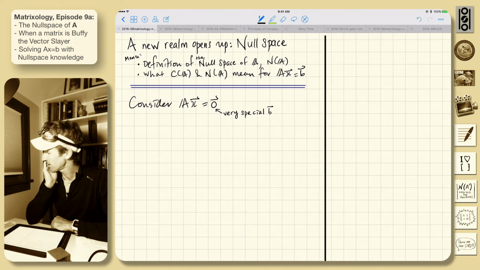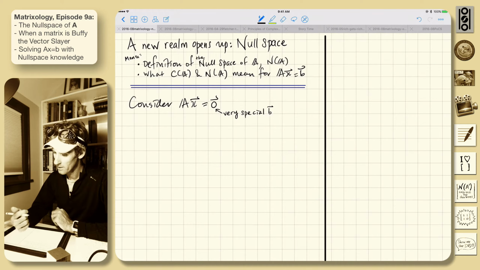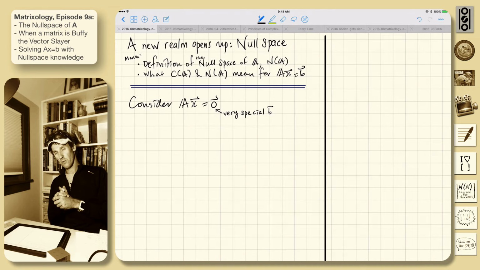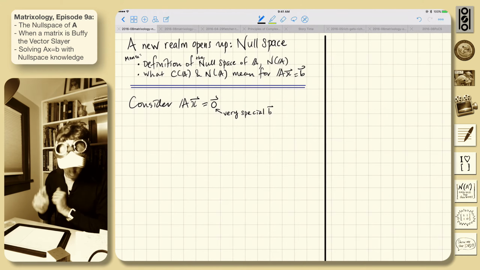This is about how we combine the columns to do nothing. And what we'll see is that you have to accommodate this, because when you find a solution to AX equals B when B is non-zero, you can always add this solution. We'll get to that.